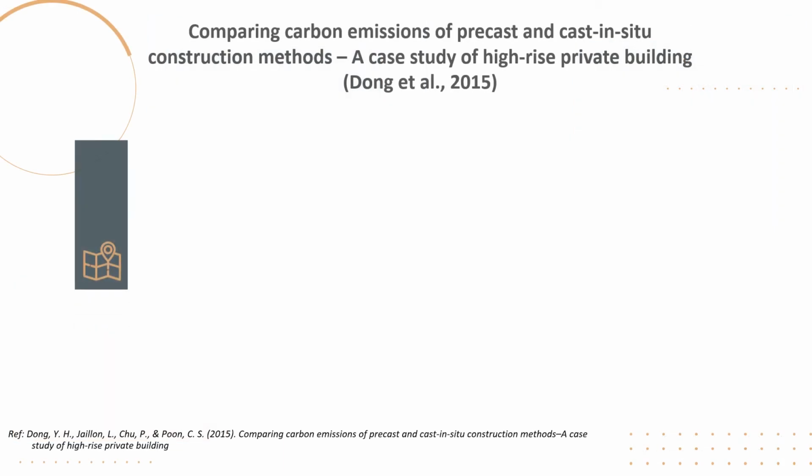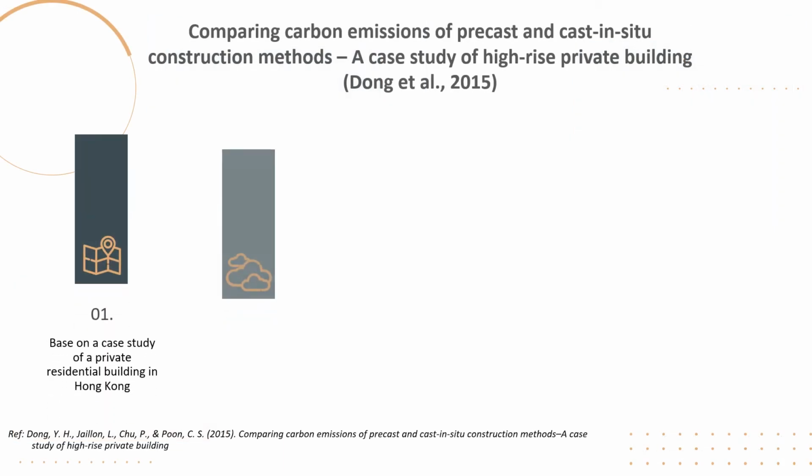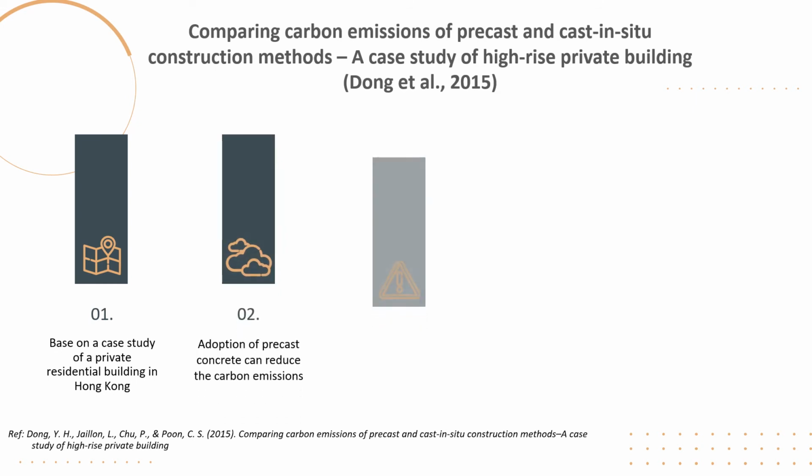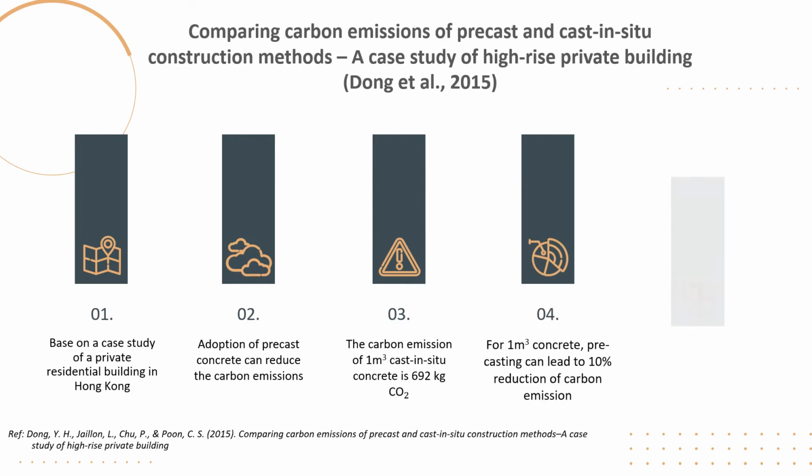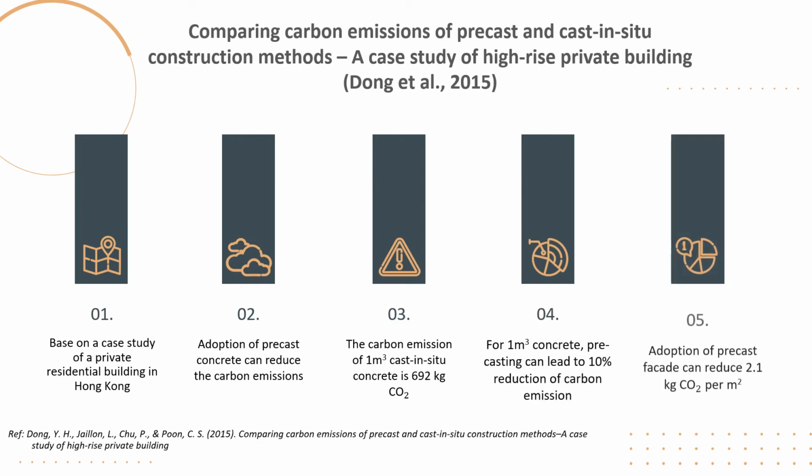Based on the previous study that conducted by Dong, Jailon, Chun Poon in 2015, about the comparing carbon emissions of precast and cast in situ construction methods that based on a private residential building in Hong Kong. This paper highlights about the adoption of precast concrete that can reduce the carbon emissions.